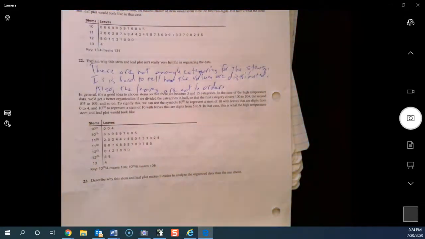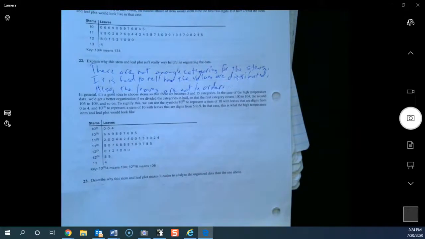To signify this, we can use the symbol 10 (0) to represent a stem of 10 with leaves that are digits from 0 to 4, and 10 (5) to represent a stem of 10 with leaves that are digits from 5 to 9. In that case, this is what the high temperature stem and leaf plot would look like. Now remember, these are not exponents in these parentheses. That's just signifying that this is from 100 to 104, 105 to 109, and so on.